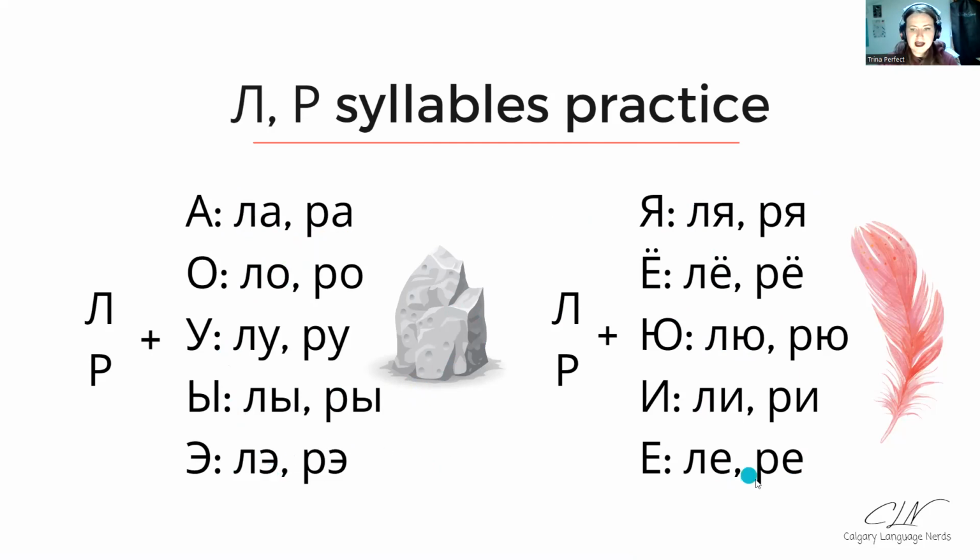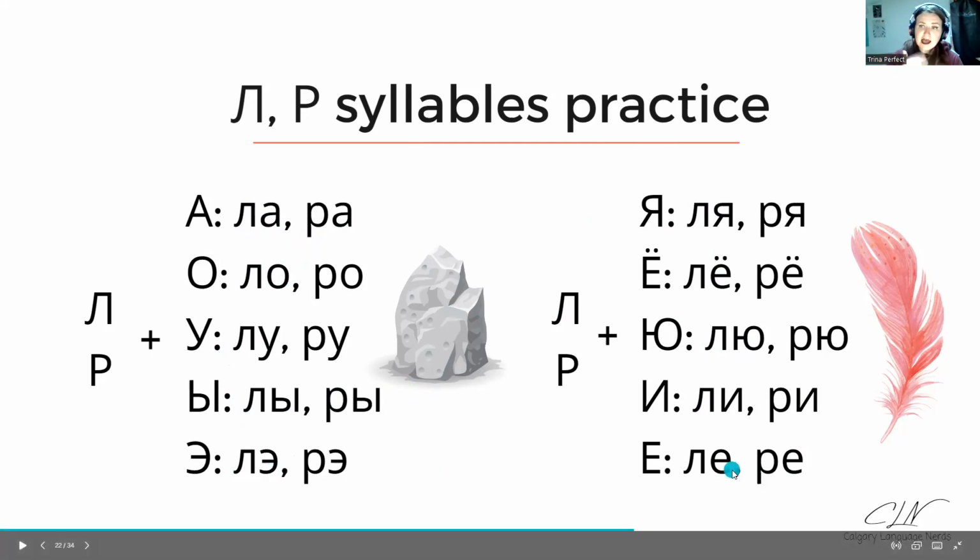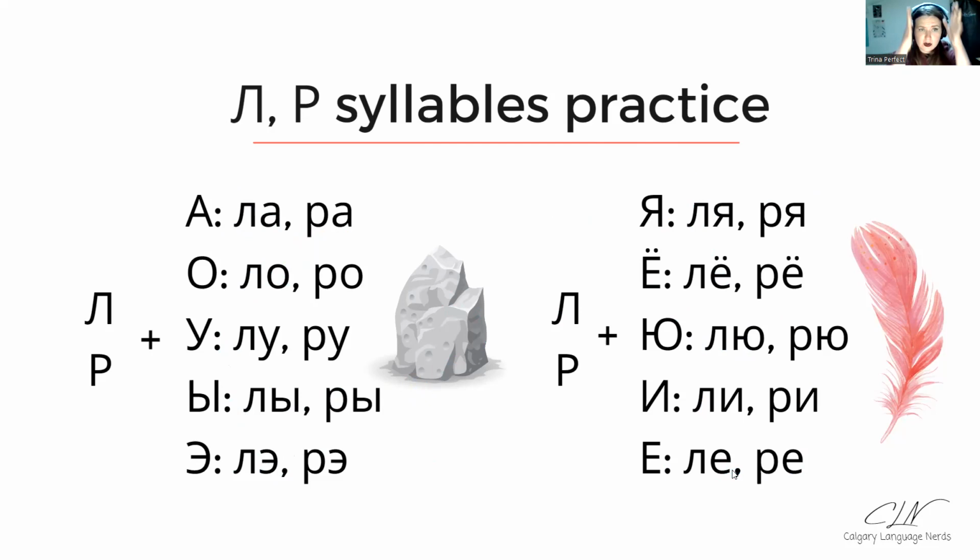Le, ле. This is how they are organized in the challenge. So today, for example, we want to do the letter R. You start off by doing the base. Ra, ra, ro, ro, ru, ru, ri, ri, re, re.